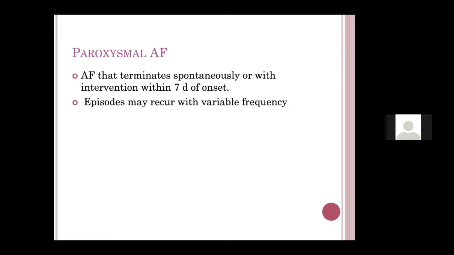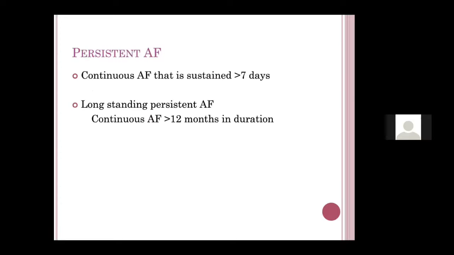Now, coming back to it, AF that terminates spontaneously or with intervention within 7 days of onset is called paroxysmal, and these episodes may recur with variable frequency. Persistent is something which is sustained beyond 7 days. Long-standing persistent is more than 12 months, more than 1 year in duration.